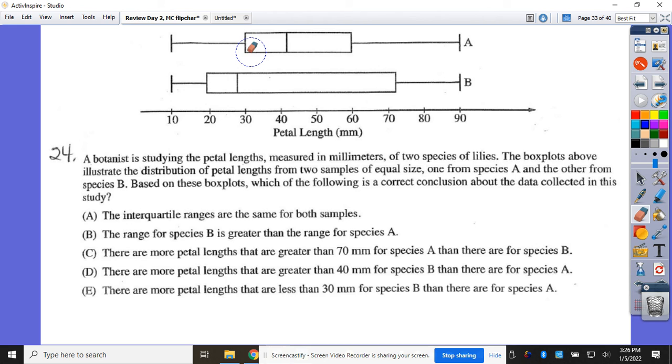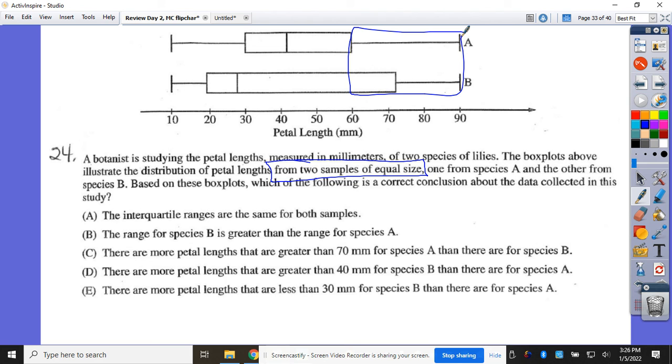The box plots above illustrate the distribution of petal lengths from two samples of equal size. Is that important? The same N means I can directly say this is more than 25%, so there are more here than there are here.